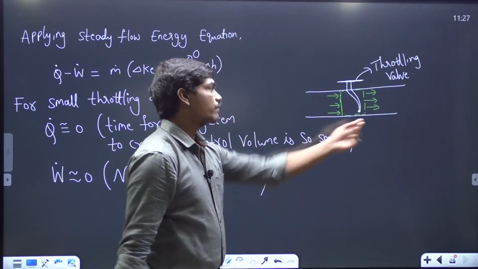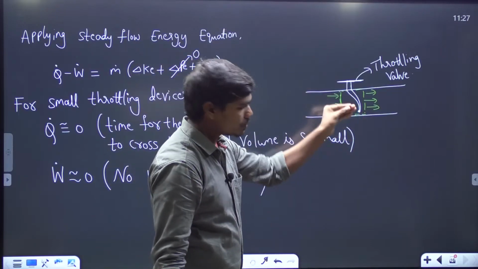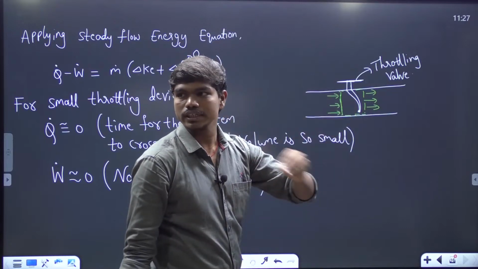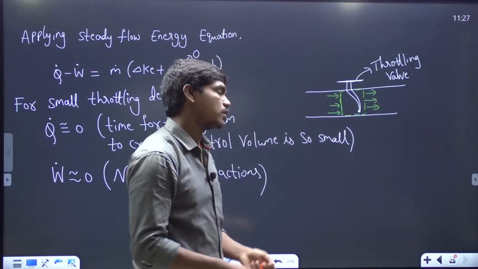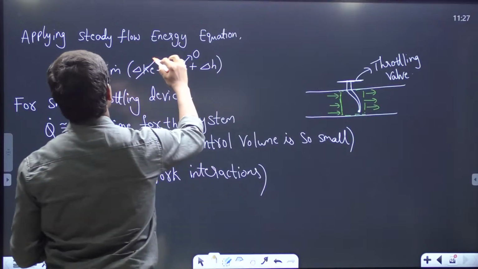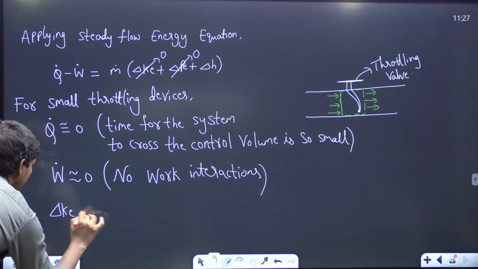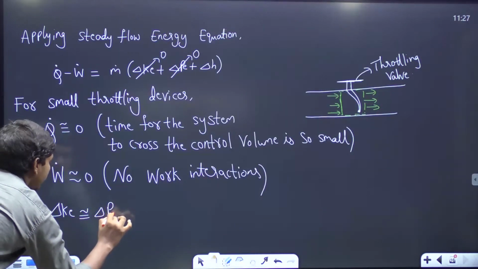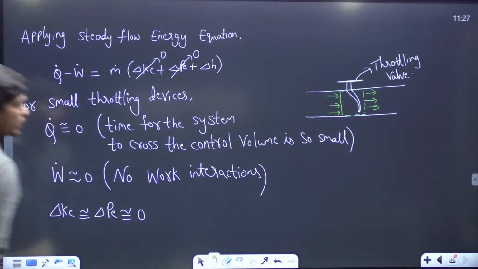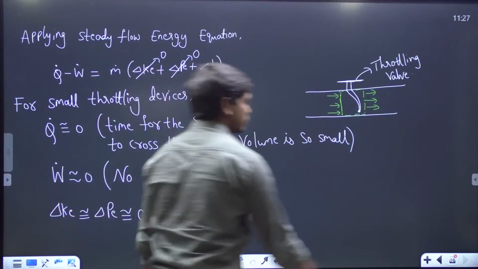And also, when this device is very small, by the time fluid particles really experience some change in velocity, they will already have crossed the control volume. So delta KE and delta PE are also neglected. So if all these terms are neglected, see what happens.